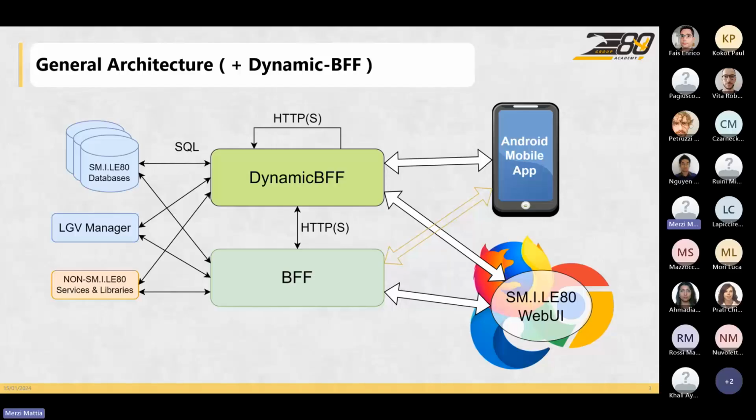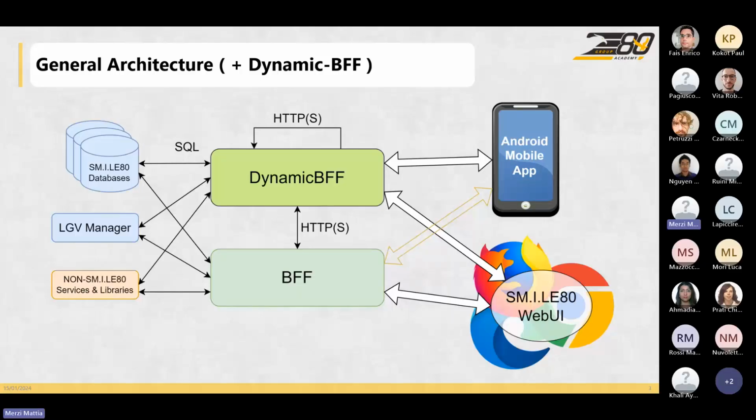Now, the current version of the system adopts the Dynamic-BFF only for the handheld mobile application. An extension to the Dynamic-BFF is currently under development to make it interact with the web UI, but it's not something that we're going to talk about today or even next Monday.